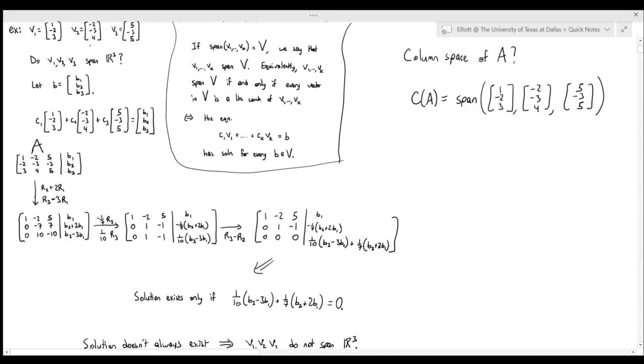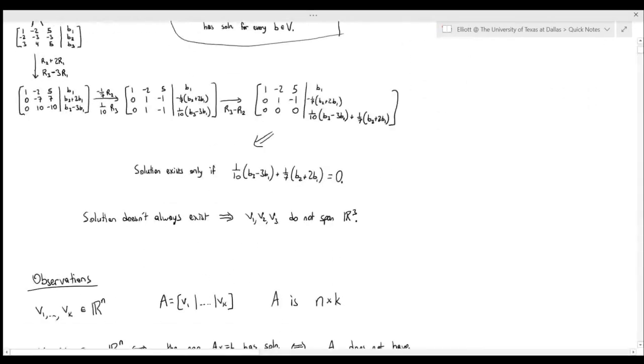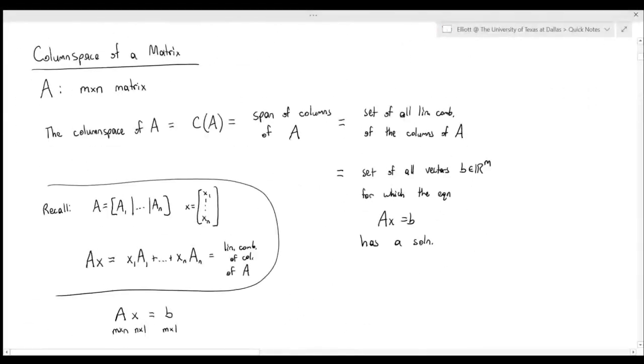And then we also mentioned how the column space of A can be thought of as the set of all vectors B for which the equation Ax = B has a solution.